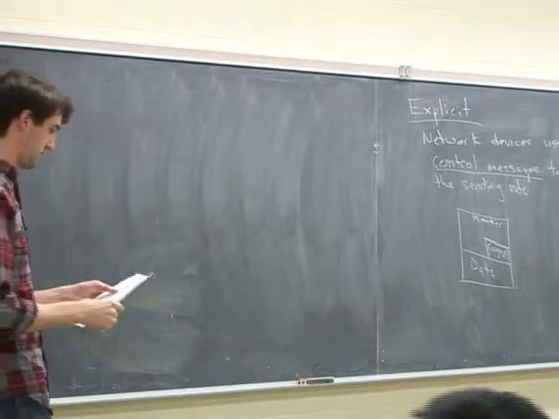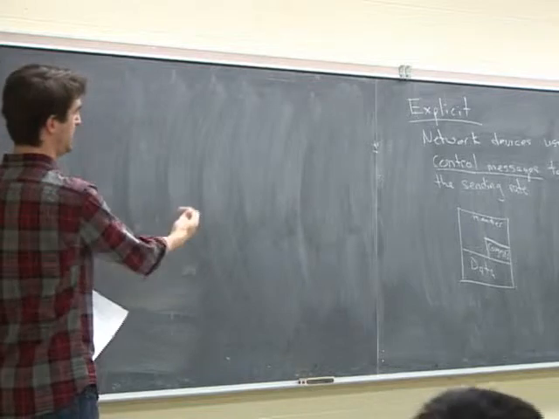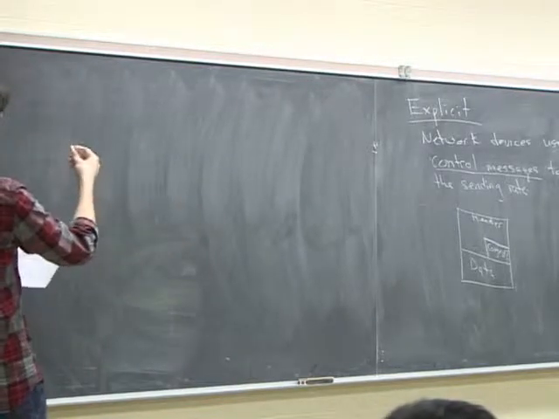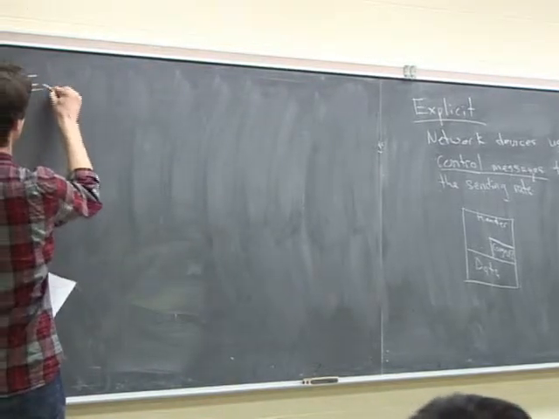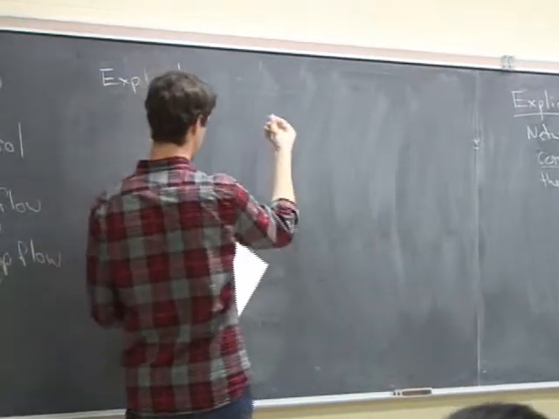So let's look at one other way to explicitly do flow control, and this is explicit congestion notification, all right?